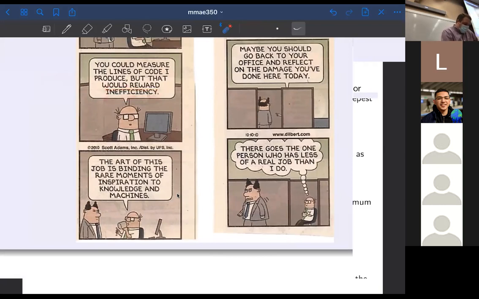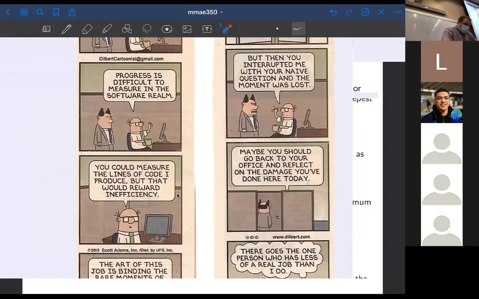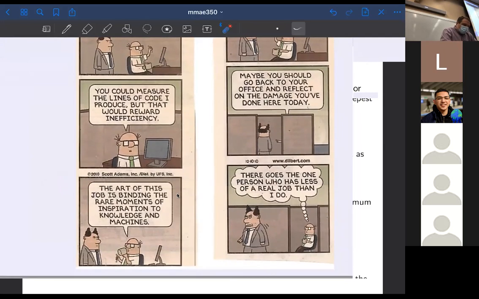So as he reflects here, sipping on his coffee, he says, the art of this job is finding the rare moments of inspiration to combine knowledge and machines. In fact, just a minute ago, I could feel the inspiration welling up inside of me, but then you interrupted me with your naive question and the moment was lost. Maybe you should go back to your office and reflect on the damage you've done here today. And there goes the one person who has less of a real job than I do.